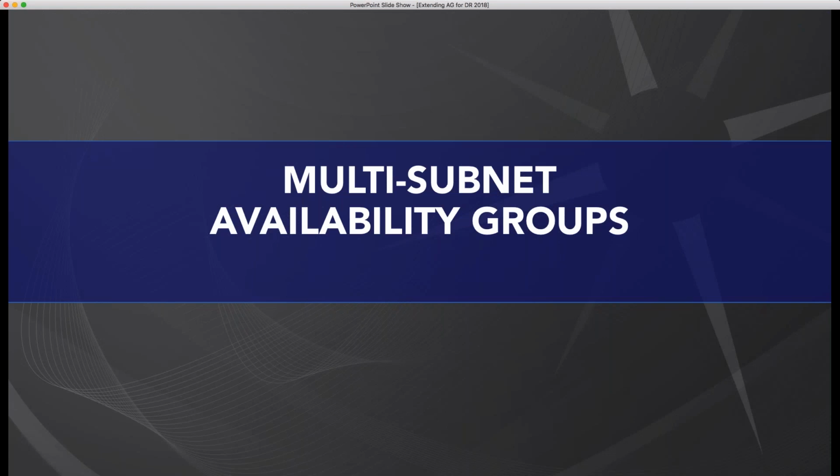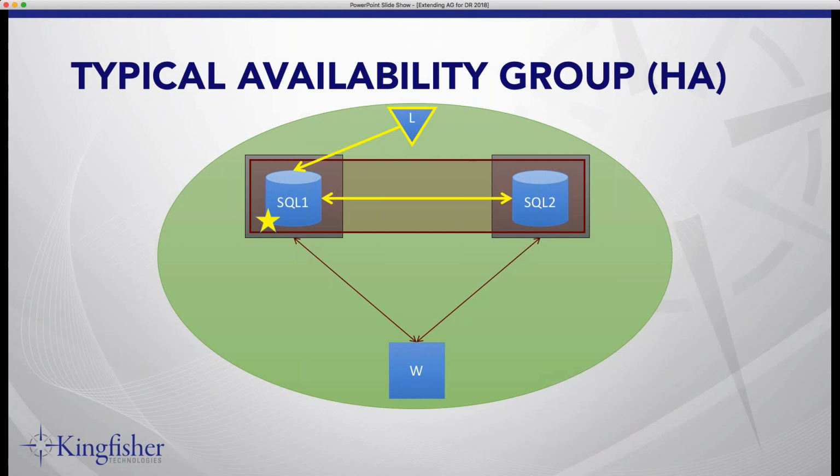Now, what are we talking about when we're talking about extending this for disaster recovery? Just as a refresher, this is our availability group configuration we talked about a little bit ago. 2 nodes, same data center, you've got your witness, you've got your listener, 1 path between the 2. But that's not very useful for disaster recovery. For disaster recovery, we're talking about something like the power goes out in your data center.